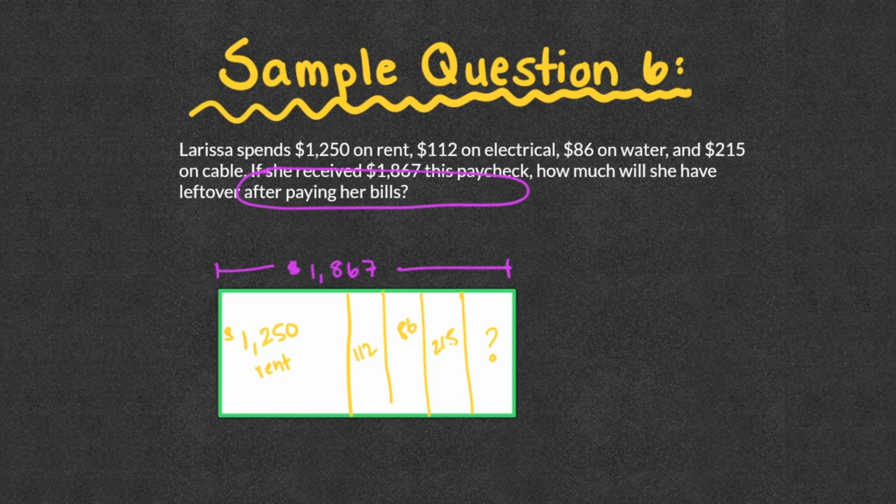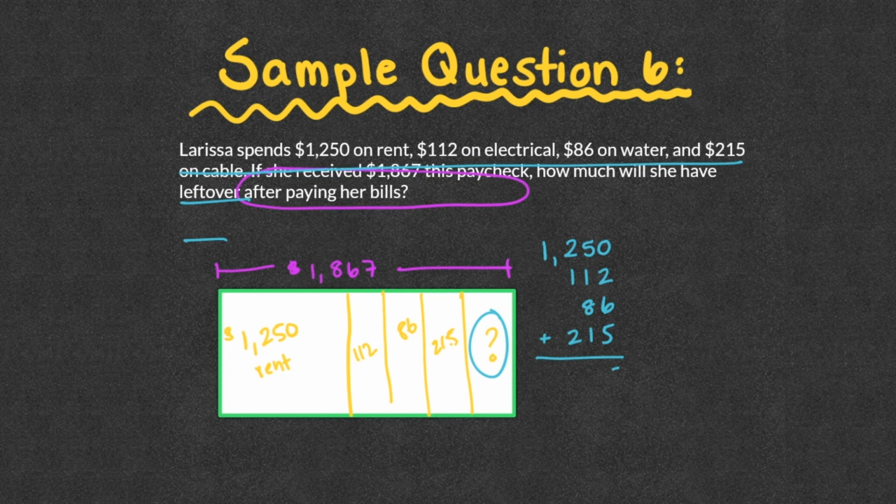So our first step, and the first step I'm going to take here, we looked at our bills here, and we want to know how much is left. So instead, I'm going to first add up all of her bills. You could change the order as much as you want to. You could have done 2 numbers at a time, then add the third, then add the fourth. However you do it, as long as the addition is there.